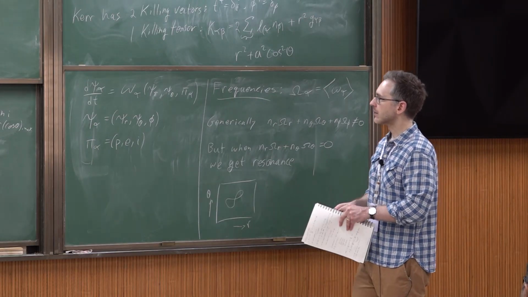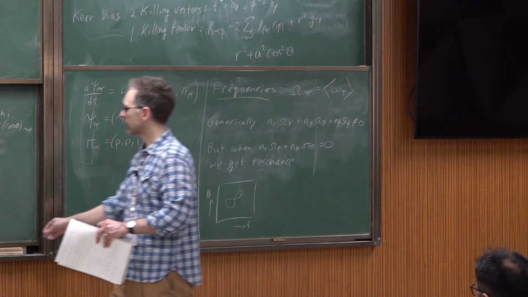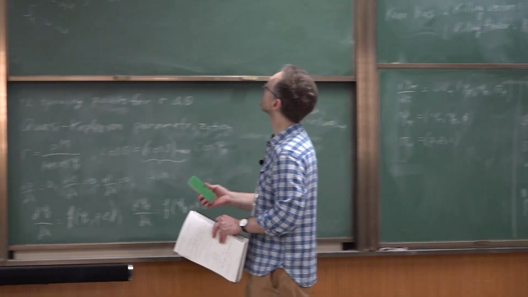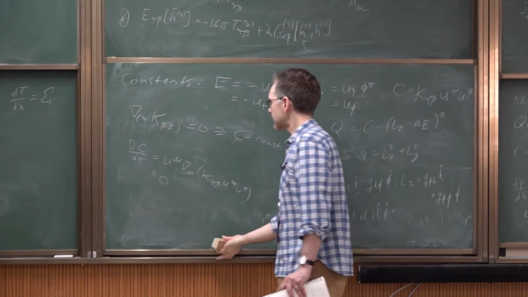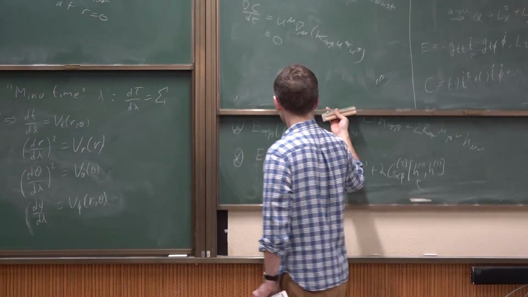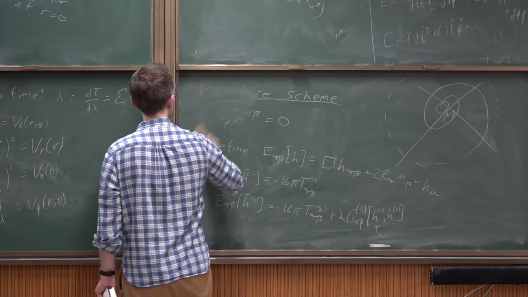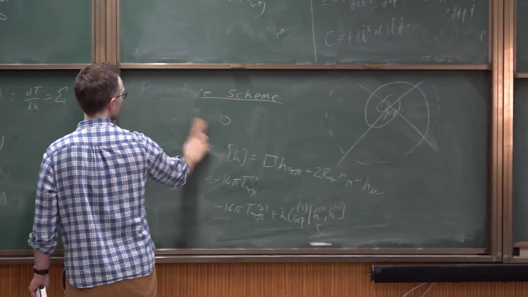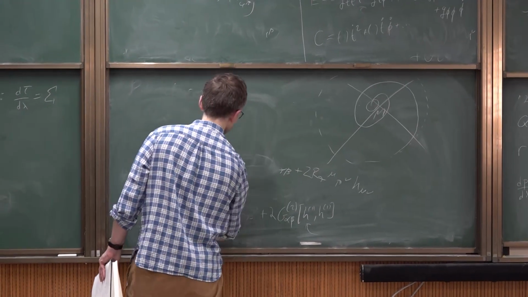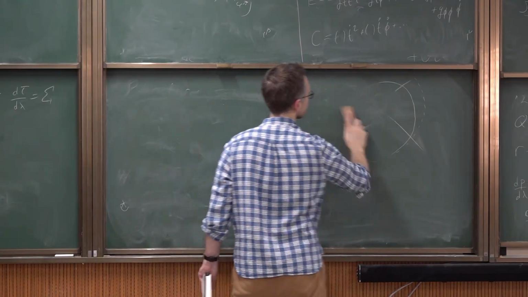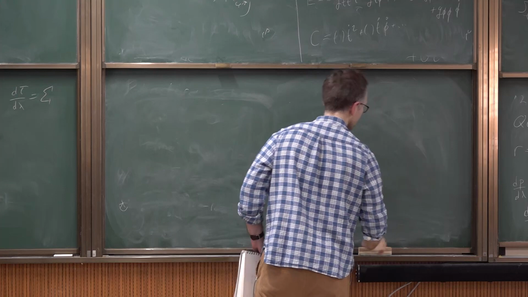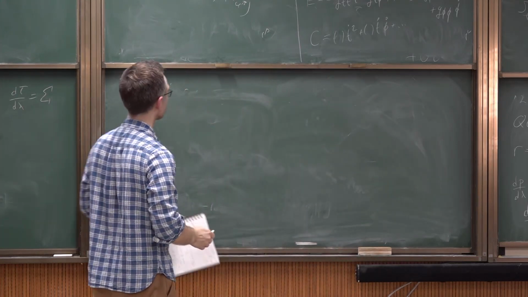Okay, one last thing today, and I guess I won't have time to show you some pictures. On the first lecture, I introduced some phases that had constant frequencies. I'm now going to tell you one way to get to those.